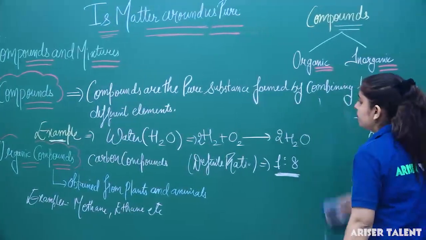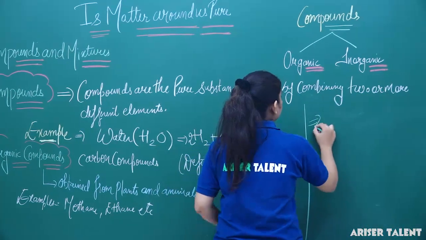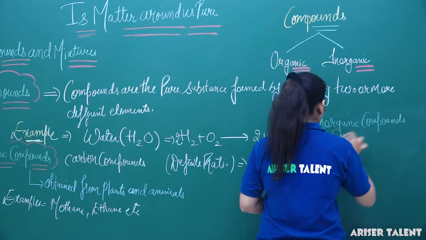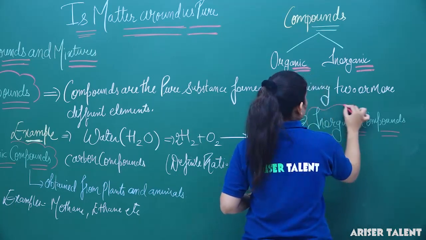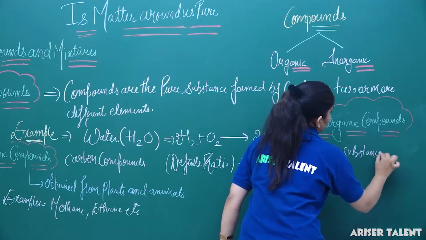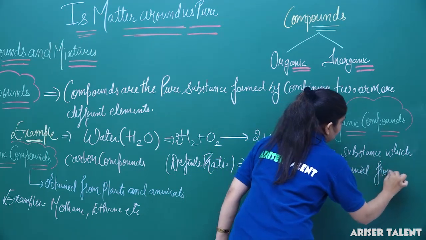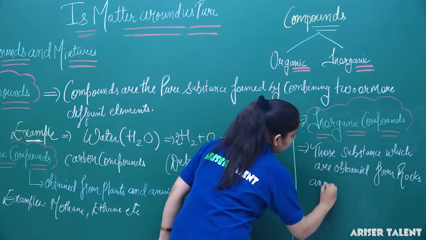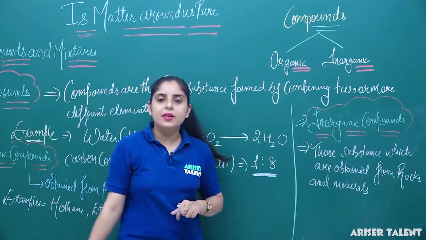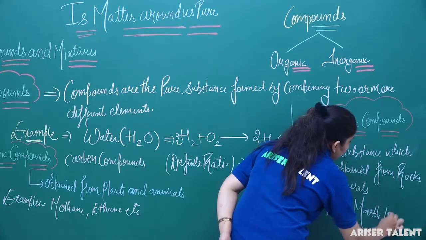Next thing is inorganic compounds. Those substances which are obtained from rocks and minerals are the inorganic ones, and examples are marble and washing soda.